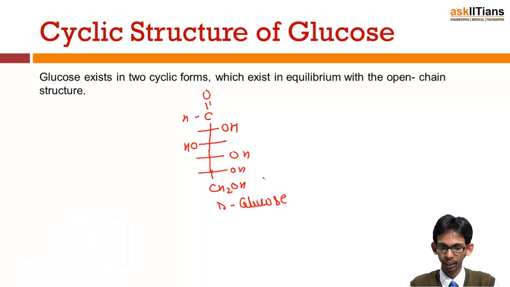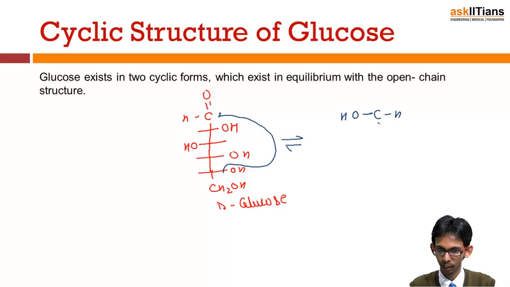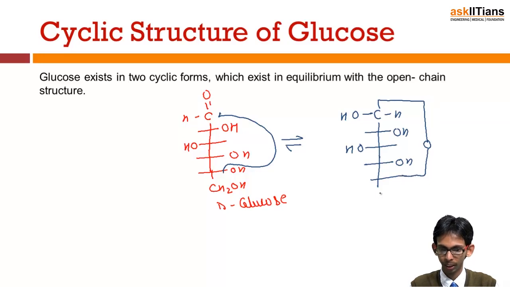But it was suggested that, what happens, there are 6 carbons, 1, 2, 3, 4, 5, 6. So this OH comes here and reacts with this carbon to form a compound like this, in which there is a carbon here, then OH, then H, and an OH group at this side, then another at this side, then oxygen comes from here to form this compound.